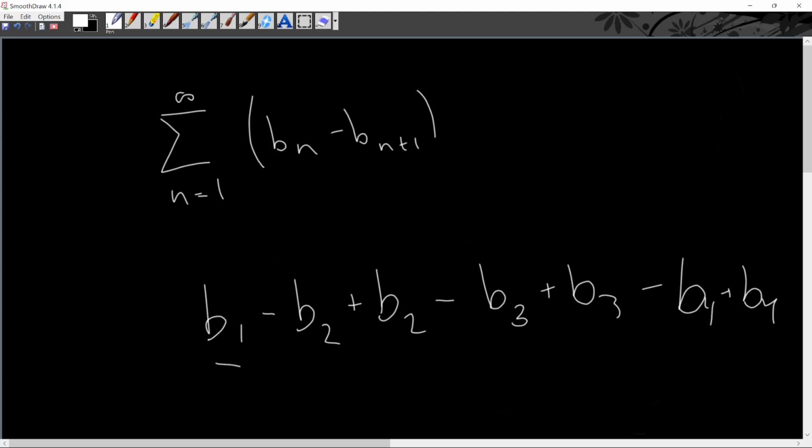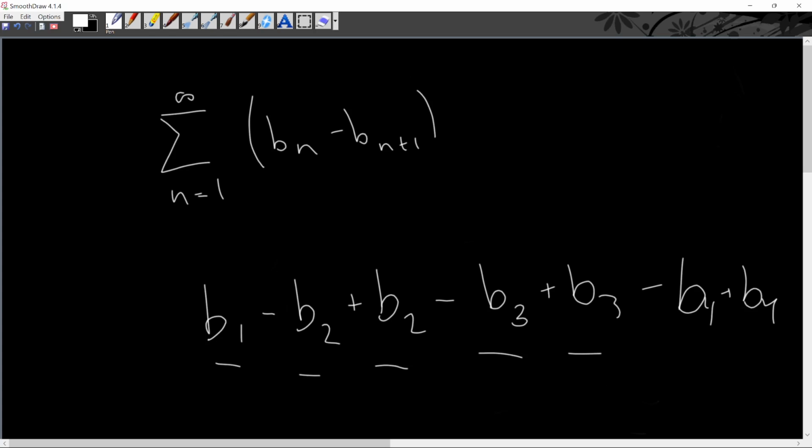If you are subtracting a subsequence that is only one term off from the original sequence, then the only term that is left, or the value that the series converges to, is going to be the first term, right? Because every other term is being canceled out.